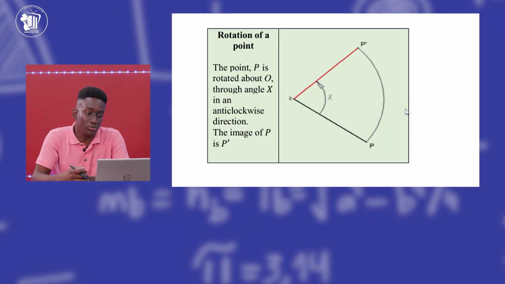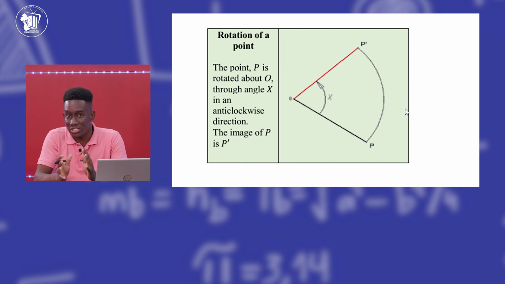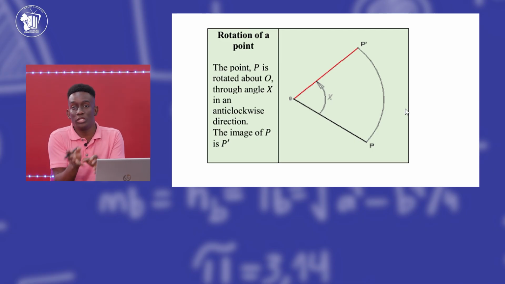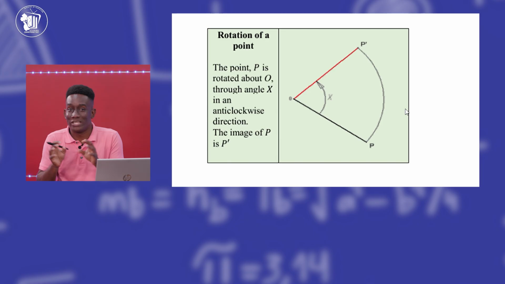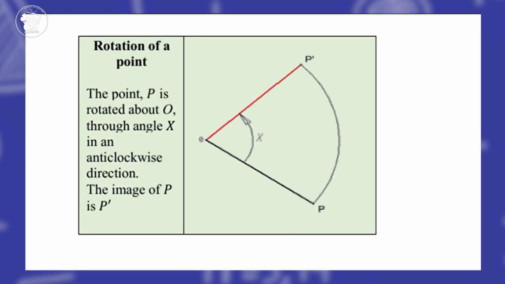So let's look at a simple example of how a rotation will occur about a point. In every shape, if you want to rotate a shape, this rotation must happen about each point. Each point must be rotated in order for the entire shape to be rotated. So for example, let's say we had this point P. We wanted to rotate this point about the origin by a certain number of degrees in an anti-clockwise direction.